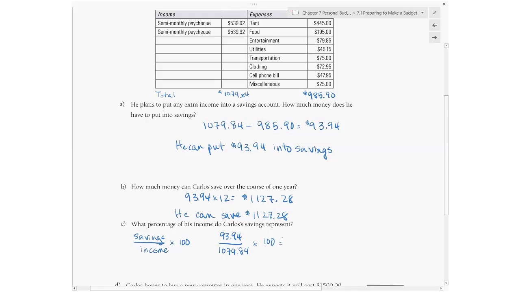So $93.94 divided by 1,079.84 equals, and times 100. Let's say 8.7. So they represent 8.7% of his income. You could say 9%, would be fine as well.